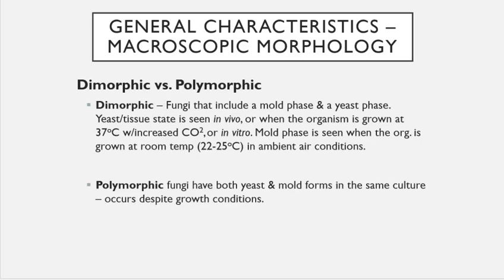The mold phase is seen when the organism is grown at room temperature, about 22 to 25 degrees Celsius, in ambient air conditions. Polymorphic fungi have both yeast and mold forms in the same culture, so it can occur despite growth conditions. So the temperature doesn't matter as much for the different forms, whether it's yeast or mold.